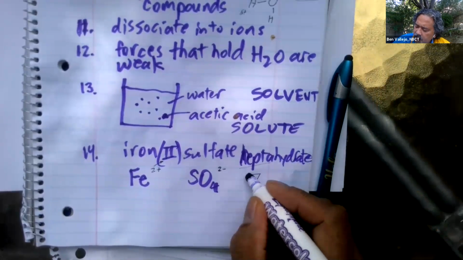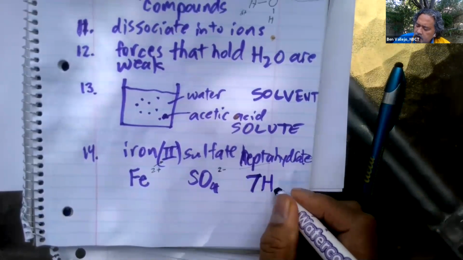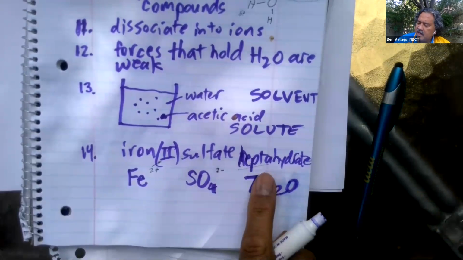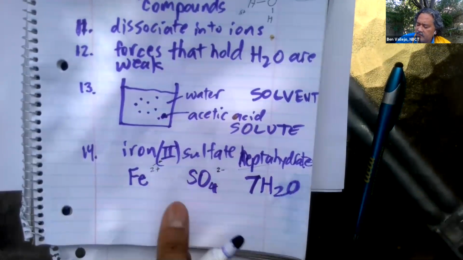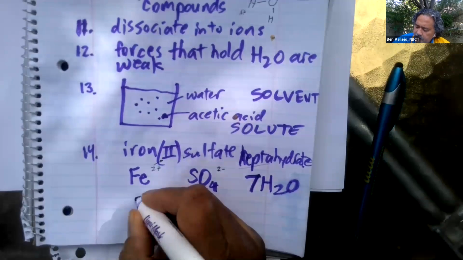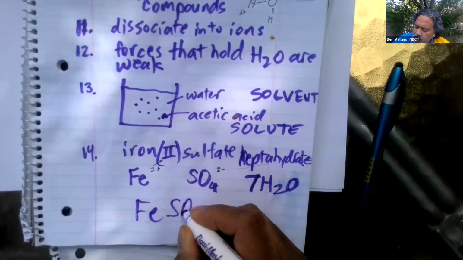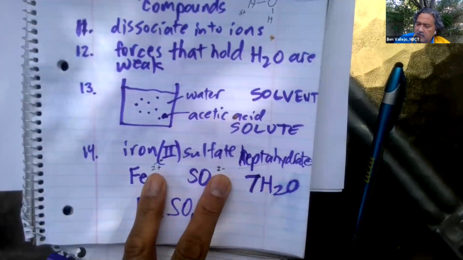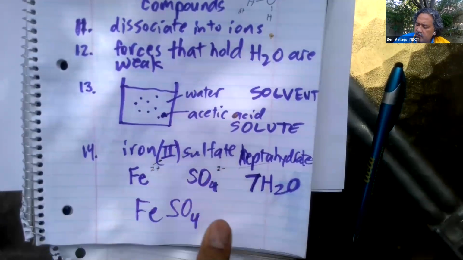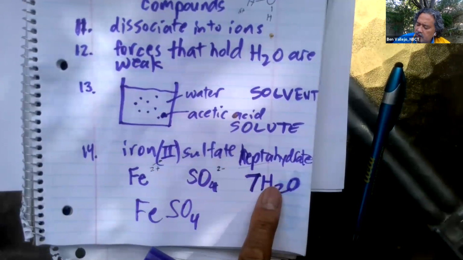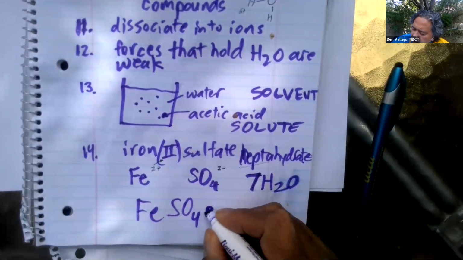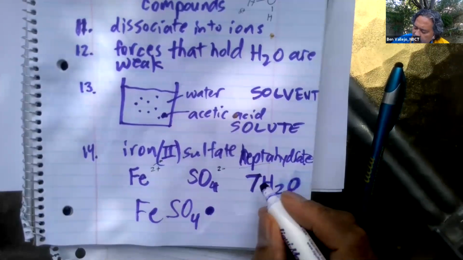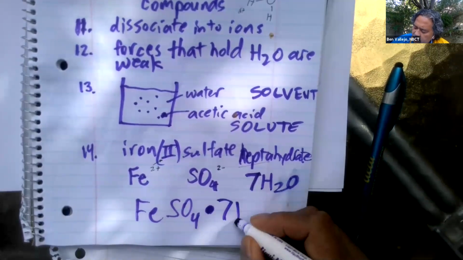So it's going to be 7 waters. If I clean it up, it's going to be FeSO4. I'm going to put those together and eliminate those ion charges. To show that this water is an integral part of this molecule, we put a dot on there like that. And then we go 7H2O.